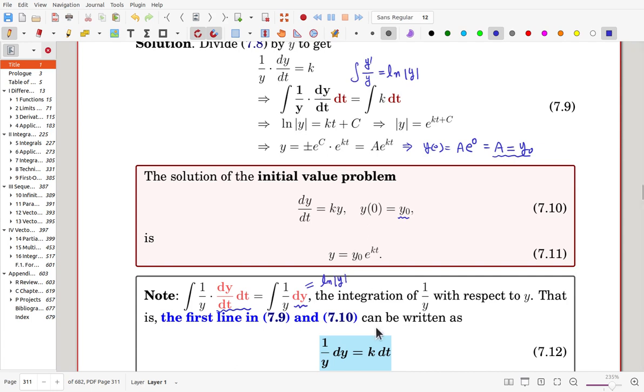So that now we may consider that on the left-hand side, rather than dy over dt and dt, it is just a dy. So that is the integration of 1 over y with respect to y, right?